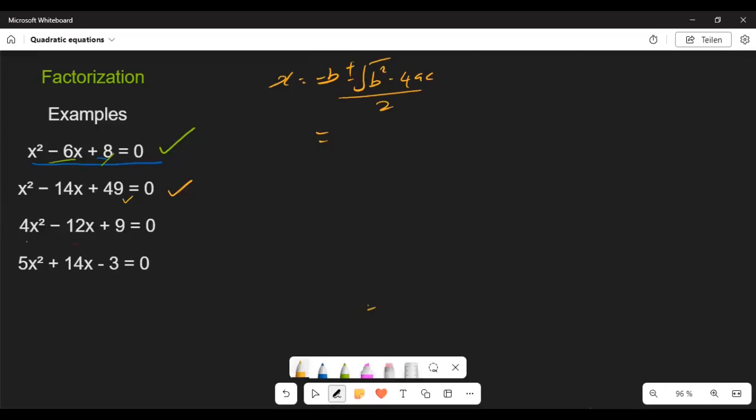So here we have 14, so we're going to have minus 14 plus or minus the square root of 14 squared minus 4 times 1 times 49, over 2.